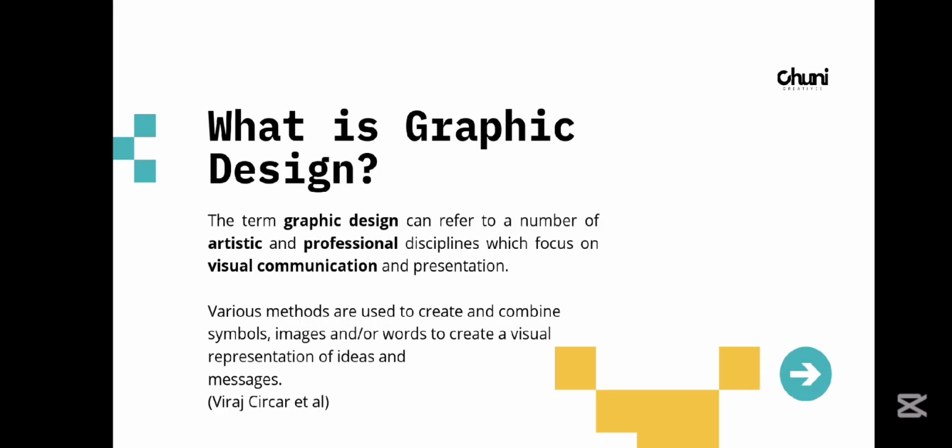The main thing with graphic design is that it focuses on a number of artistic and professional disciplines. Artistic meaning the implementation of elements, principles of design, and professional disciplines, like if you want to use graphic design to promote your business, how you can do it in a more professional way. And at the end of the day, you are attaining visual communication.